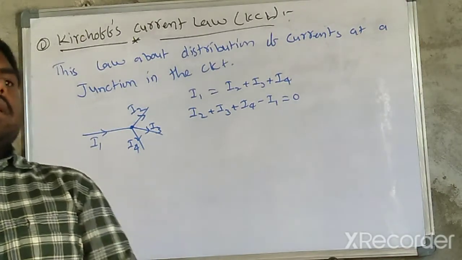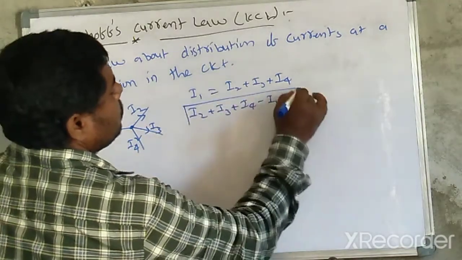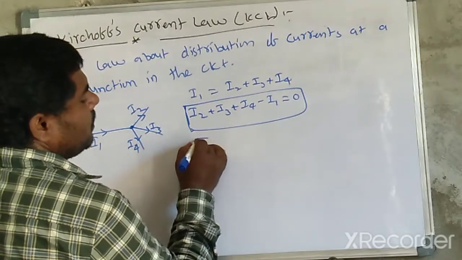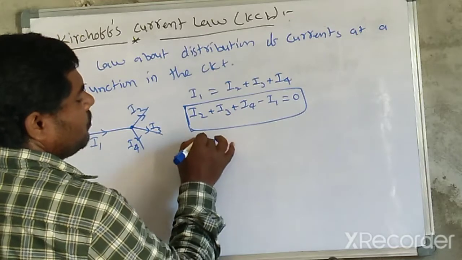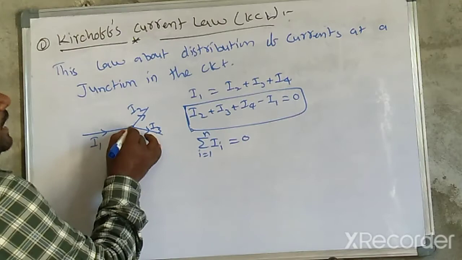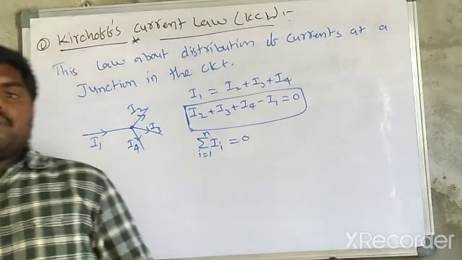Most important, mathematically the summation of I from 1 to n is equal to 0.